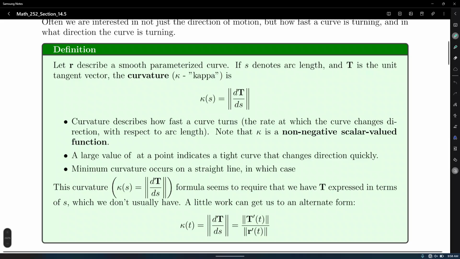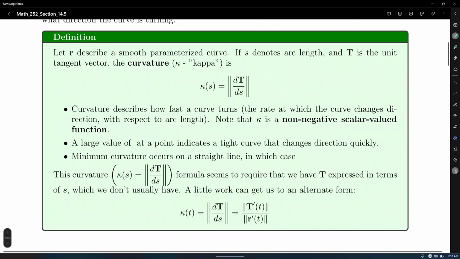All right, so curvature, which is denoted with a lowercase kappa from the Greek alphabet, is the magnitude of the derivative of the unit tangent vector T with respect to s. That's a lot. Notice the parameter. It's the parameter s, not the parameter t.